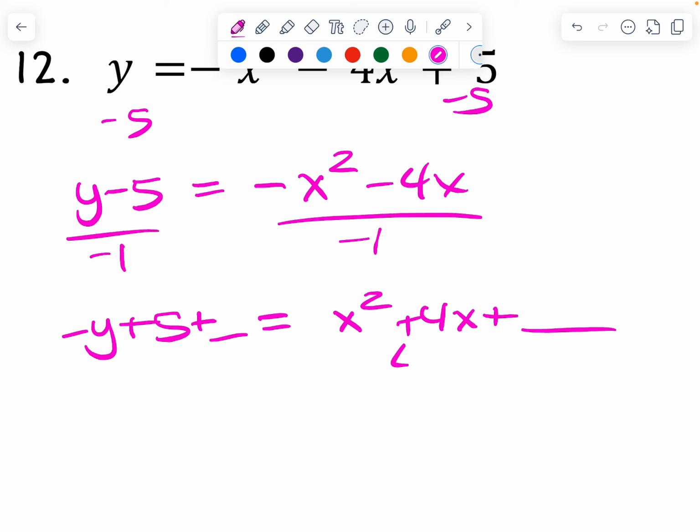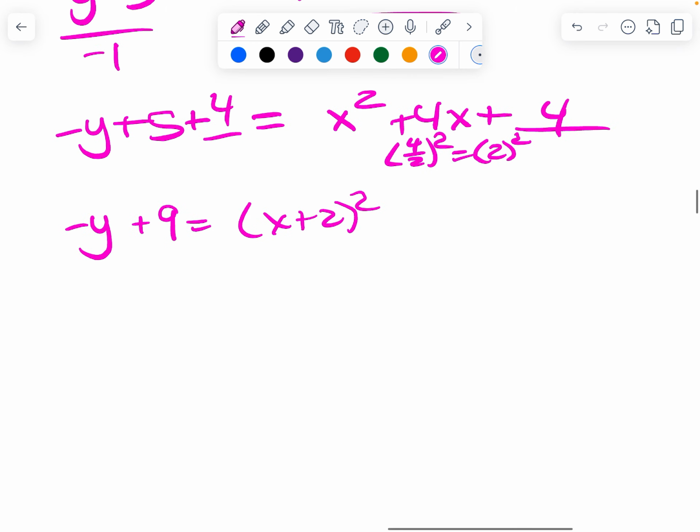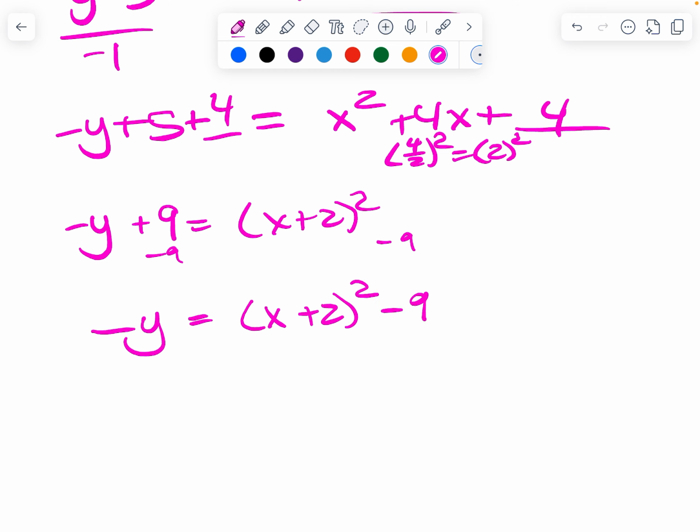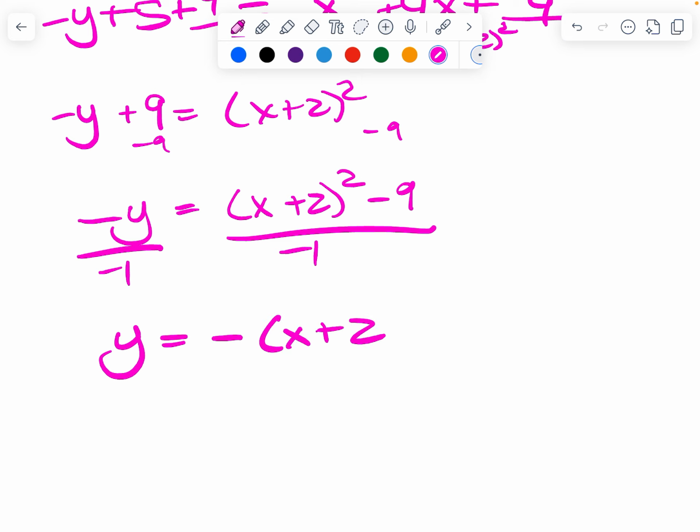So I'm going to take 4 divided by 2 all squared equals 2 squared, which is 4. So I have negative y plus 9 equals x plus 2 all squared. I'm going to subtract the 9 to the other side. I'm going to get negative y equals x plus 2 all squared minus 9. Again, I don't want this negative over here, so I divide. Get y equals negative times x plus 2 all squared plus 9.